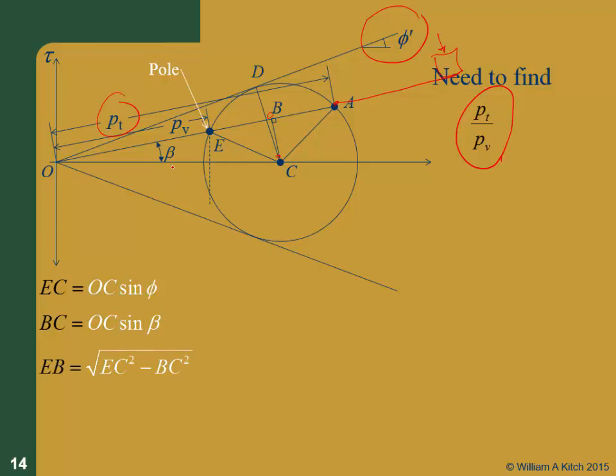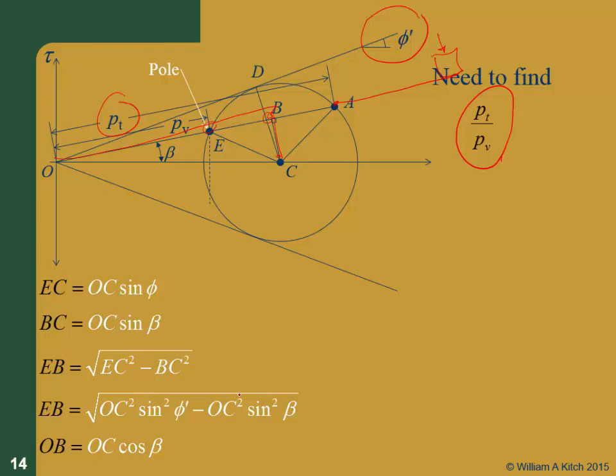And so EB, from here to here, has got to be the square root of the difference of those two. Or I can write that EB, the height of this triangle right here, is the square root of OC squared sine squared phi minus OC squared sine squared beta. That's all nice. Or what I was looking for in the whole thing was this distance from here to here, OB, which is just going to be OC times cosine beta.